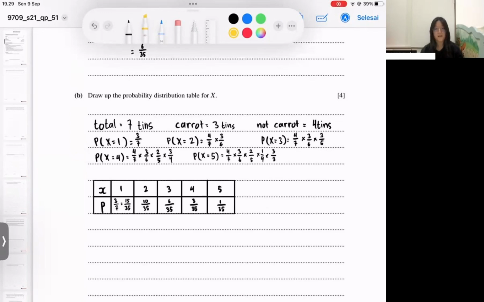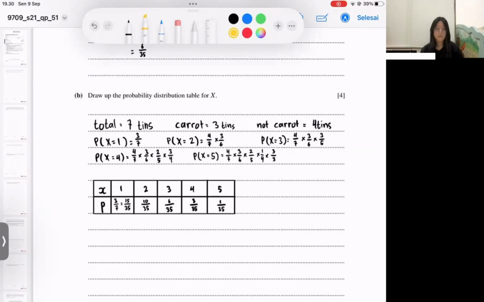As you can see, I've done all the calculations for it. After you've done all the calculations, a probability distribution table will be made. It is basically a table that shows the random variable and the probability for each random variable to happen. So we get x equals 1, 2, 3, 4, 5, and each of the probabilities.